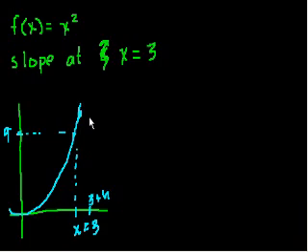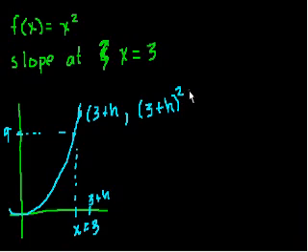So this point is (3 plus h, 3 plus h squared), because we just take 3 plus h and put it into x squared. And this point here is, of course, (3, 9).